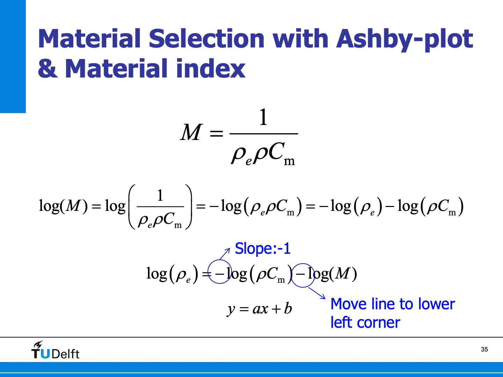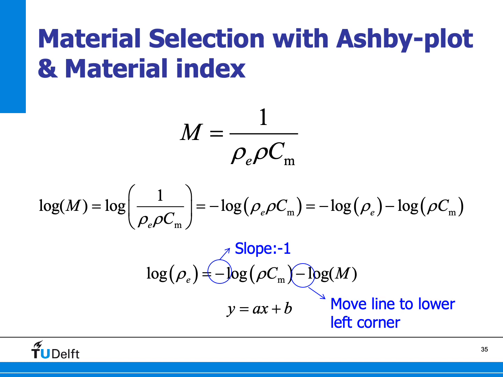So we now have found our material index related to this problem, and we would like to apply this material index to an Ashby plot, because then we can find which is the highest ranked material with the highest performance related to this problem.